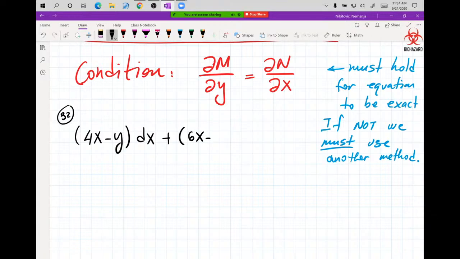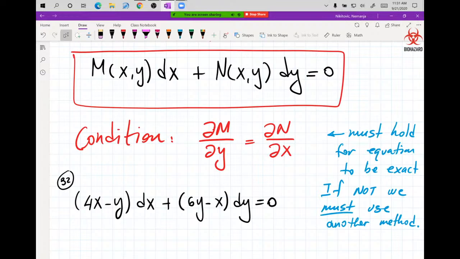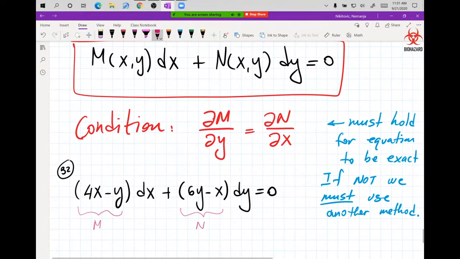Plus (6y minus x) dy equal to 0. If you consider your equation and the condition which you must check first, you see immediately that this part is your M and this part over here is your N. Right? Those are the two.